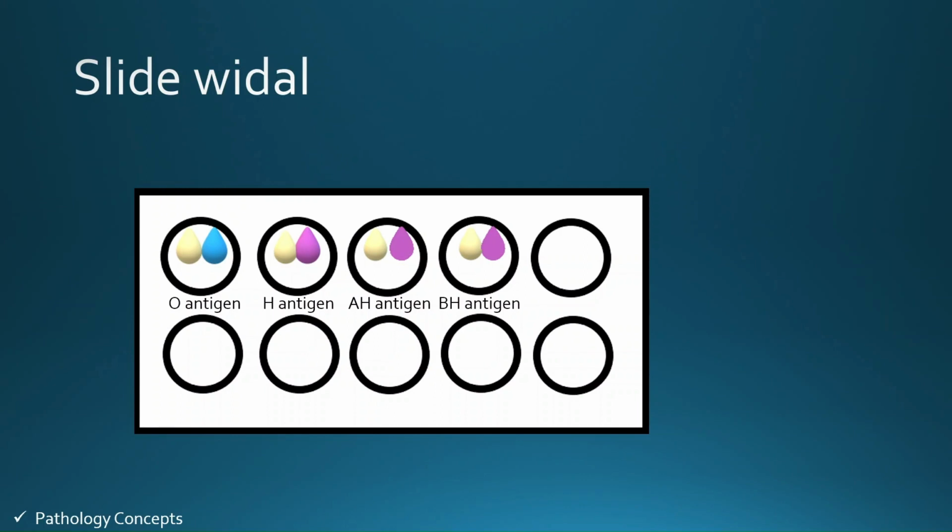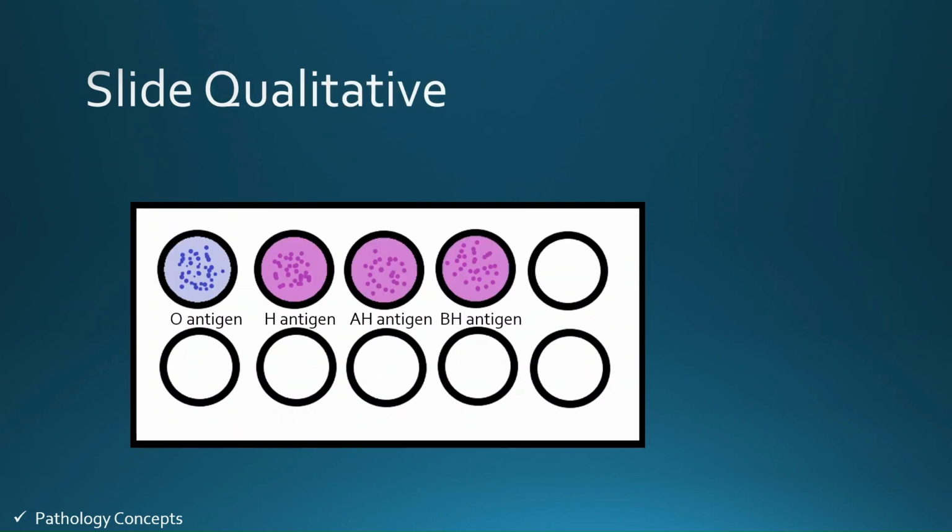In the third circle, we have to add 1 drop of serum and 1 drop of AH antigen and BH antigen respectively. After adding the serum, the slide should be mixed in the shaker for 1 minute. After 1 minute, we have to observe the result.